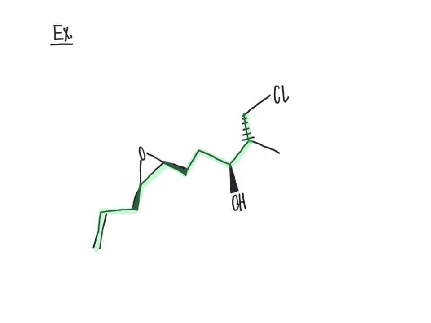Now our next task is to decide how to number this longest carbon chain. So we can number either from the left end, starting here with the alkene group and working our way inward, or we can number from the right end of the molecule, starting here and working our way inward. Now remember from a few minutes ago that when deciding how to number the longest carbon chain, alcohols take priority over alkynes, which take priority over alkenes.